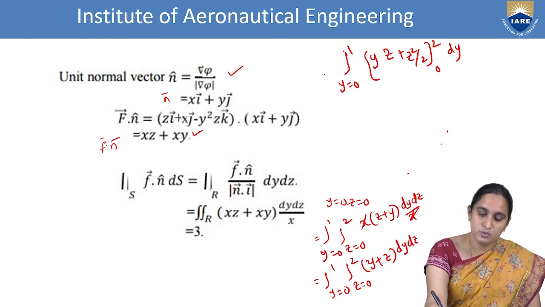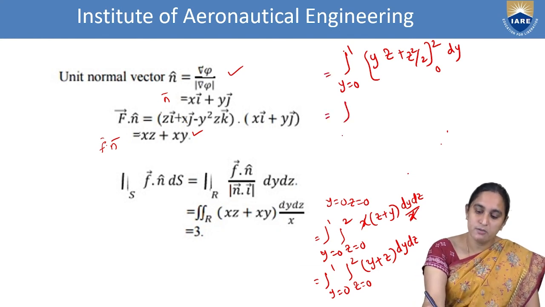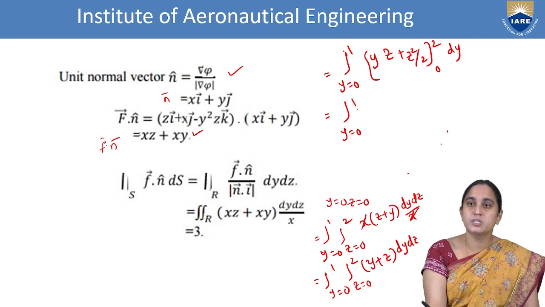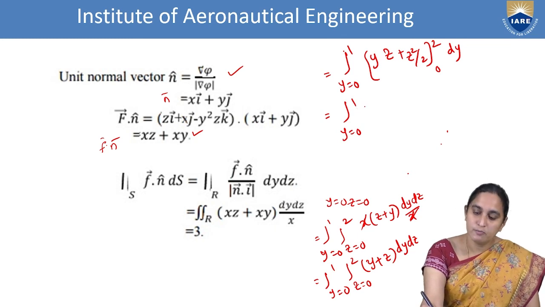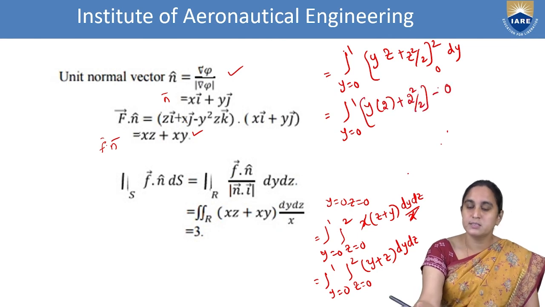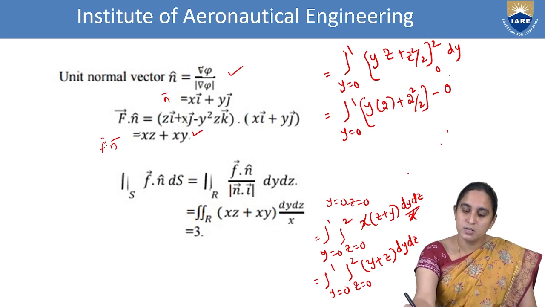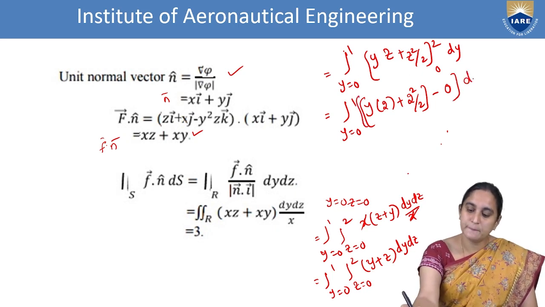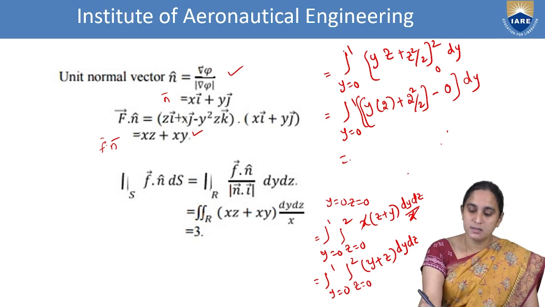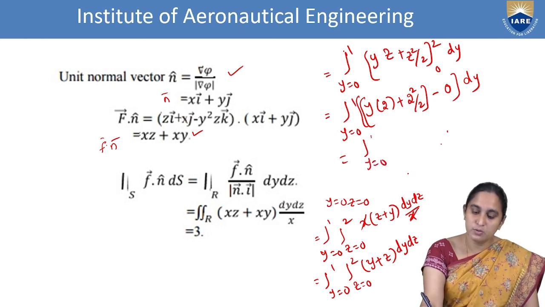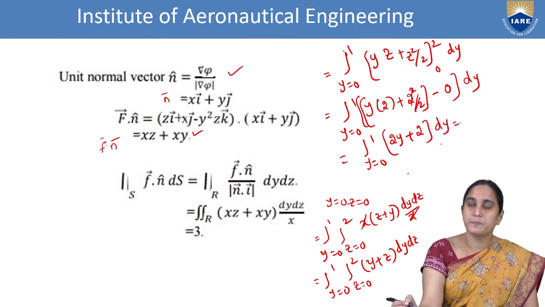Substitute the limit points: y into 2 plus 2 square by 2, and the lower limit 0 gives completely 0. That is the integral of y from 0 to 1 of 2y plus 2, into dy.